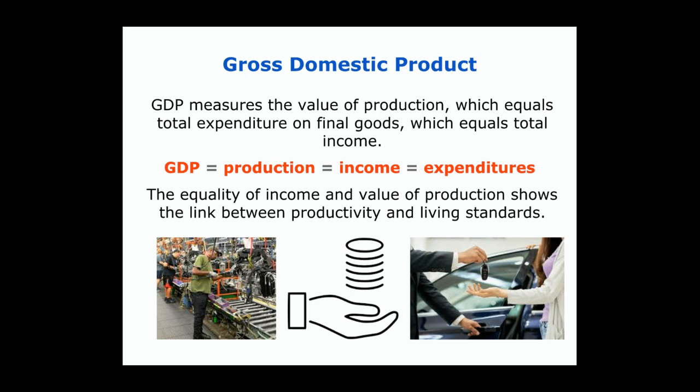So the gross domestic product is equal to all the things that are produced in the economy in a given time period. It's also equal to all of the income that's generated, and all of the expenditures that are made from that income. So there's this equivalence between production and expenditures and income.